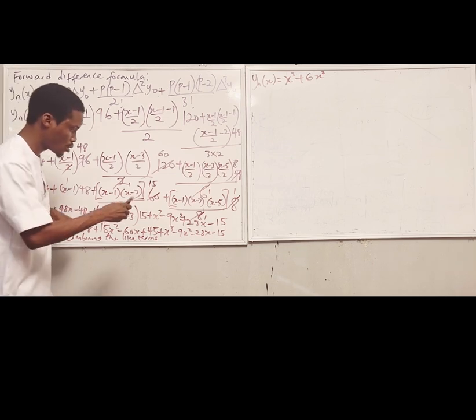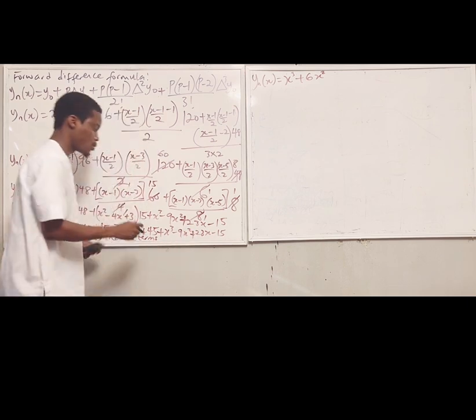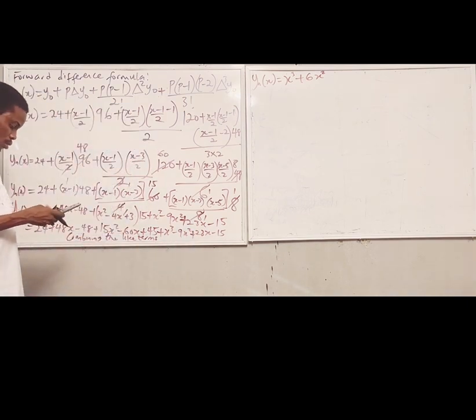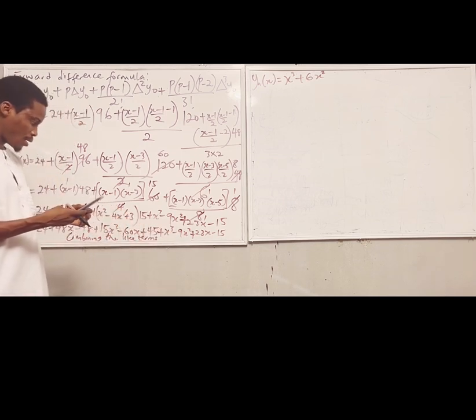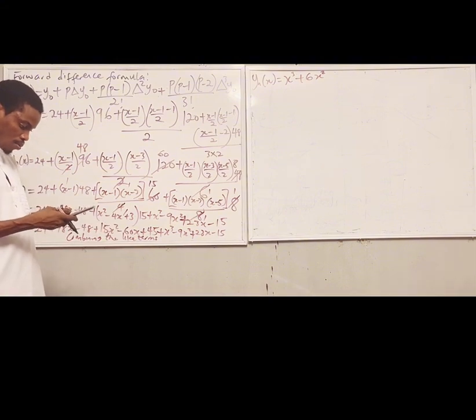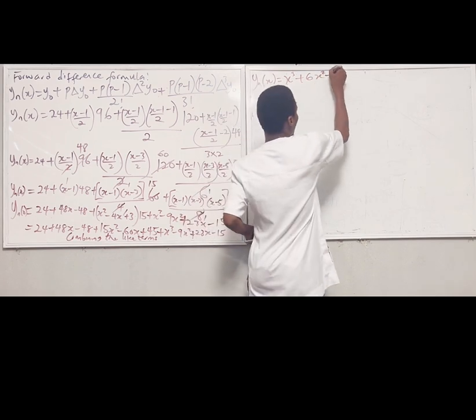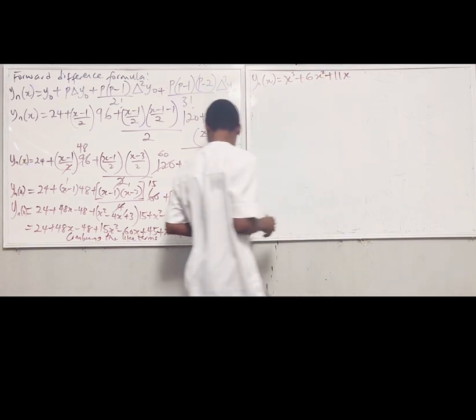This is plus, sorry, this is plus. I'm going to have plus 48x, minus 60x, plus 23x. I have 11. That is plus 11x.